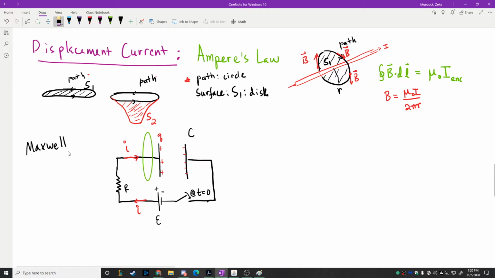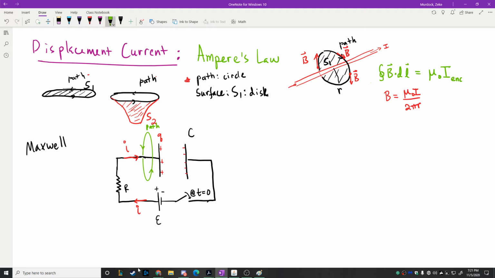What I wanted to do is draw the black line going this way so that it's clear, maybe it's not so clear, that the path that we're choosing here goes around the wire, okay? So this is going to be our path, right? And in terms of the way that we would go around the path, we would go this way.